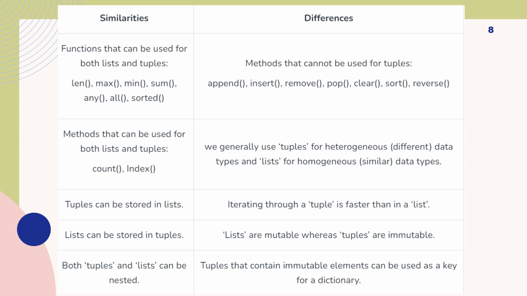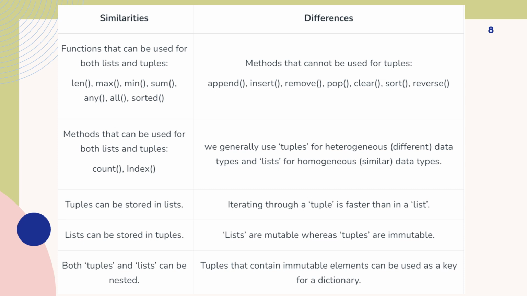The functions count and index can be used with both lists and tuples. The next similarity is that tuples can be stored in lists, and lists can be stored in tuples, and both lists and tuples can be nested also.